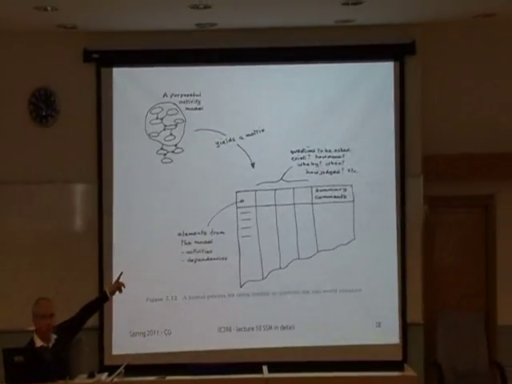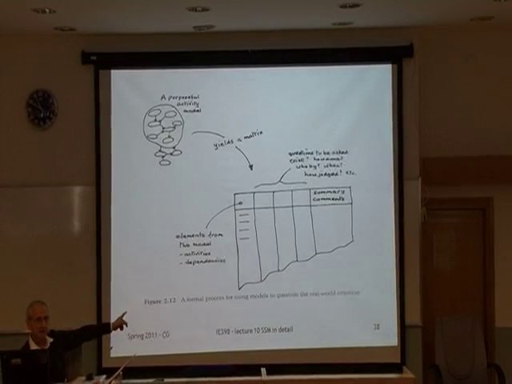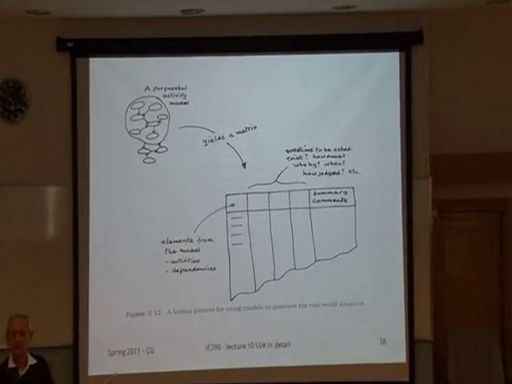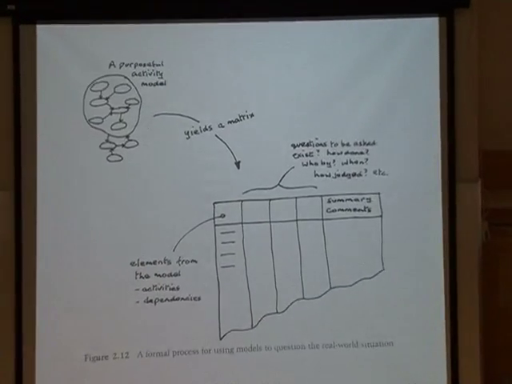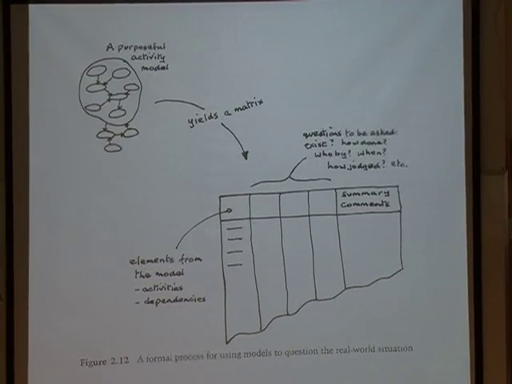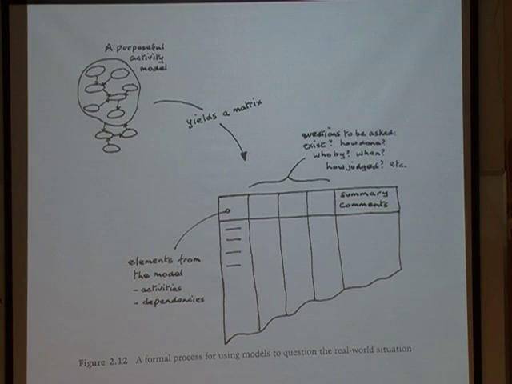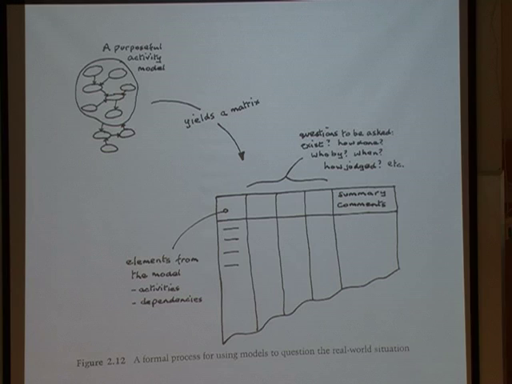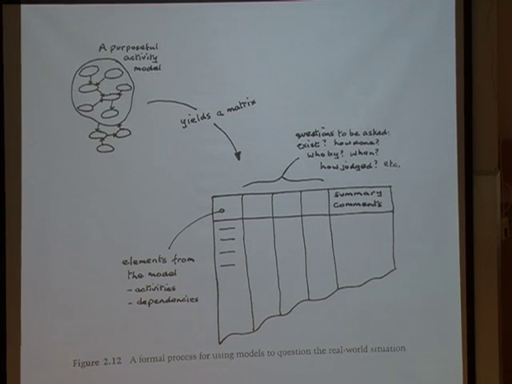As you can see, in the first column at the left, there are some entities. These are the activities and the dependencies that are shown in the model. You can write those activities and dependencies in the left-hand column, one after the other, in rows.